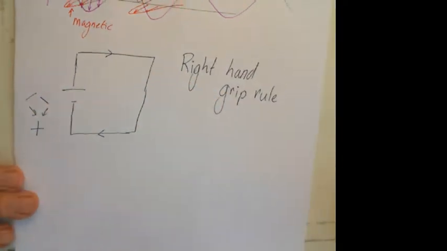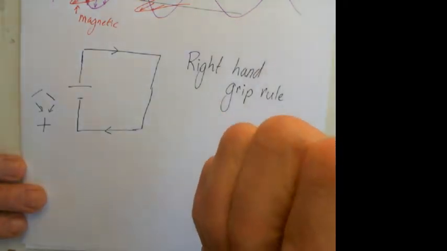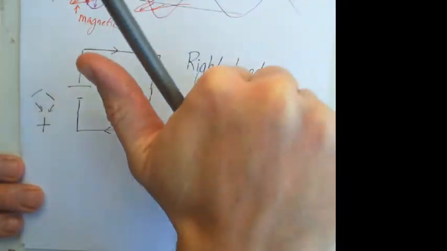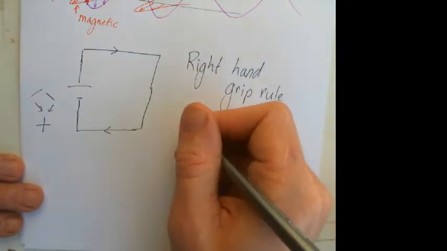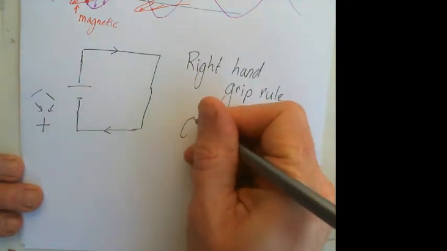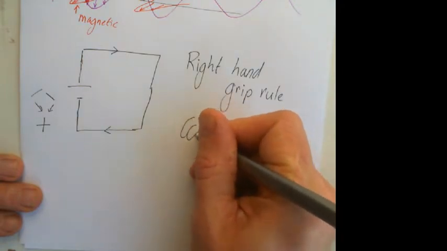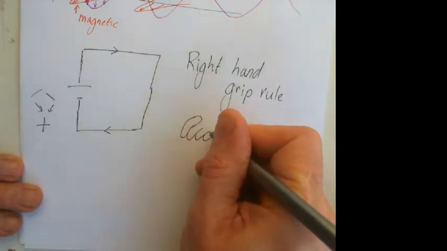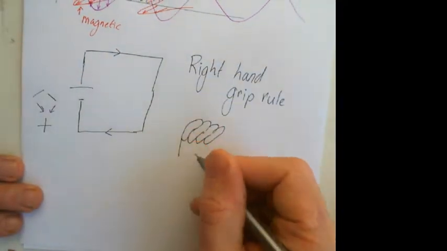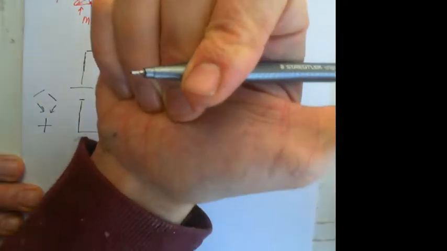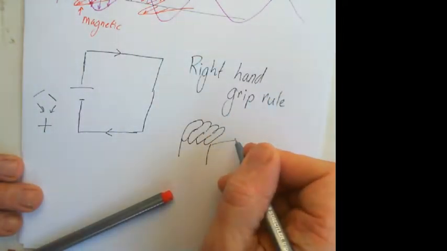It doesn't matter whether it's that way or that way, but you always grip it with your right hand. So let's draw a little diagram to show you. This is me gripping the wire with my right hand, and if that's underneath of my hand, then my thumb has to be going that way.